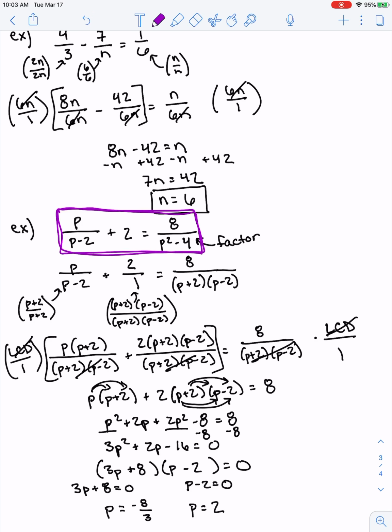So, if you plug in a positive 2 to this guy, or even to this guy, you will get 2 minus 2, which is 0, or 2 squared, which is 4, minus 4, which is 0, which means that this is an extraneous solution.